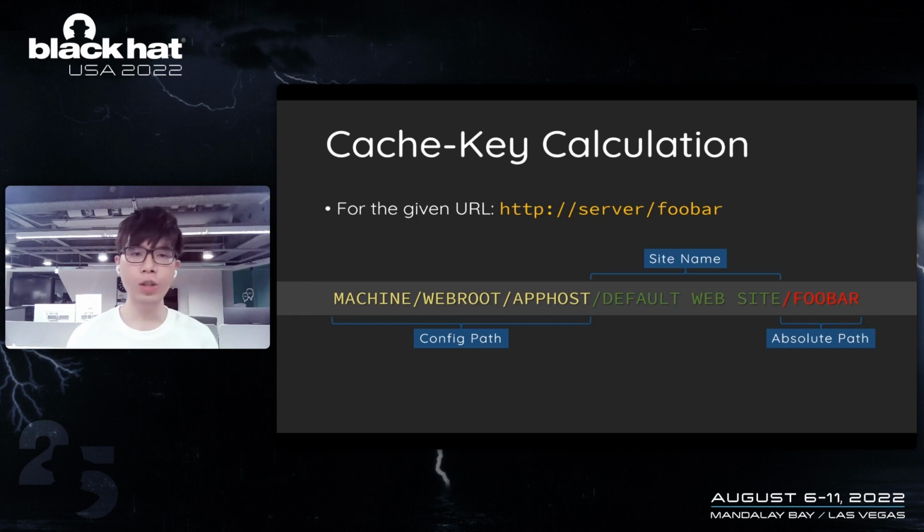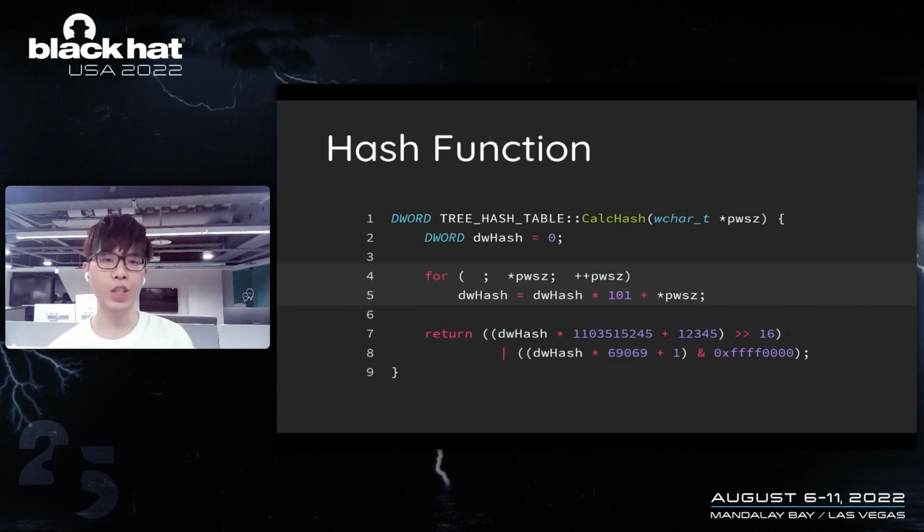The implementation will first convert all the text to uppercase and send the key to the hash function. The hash function simply multiplies each byte of the cache key by 101 and sums them up. The function also uses an LCG to scramble the result.